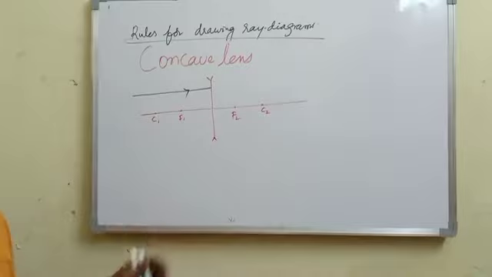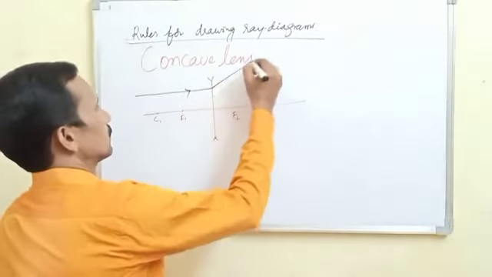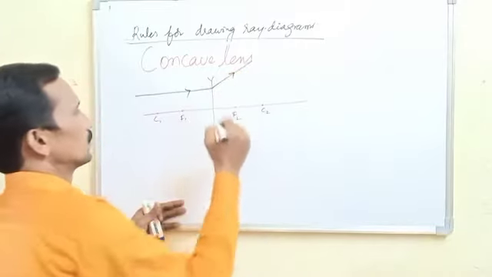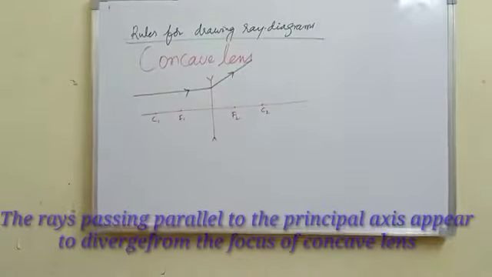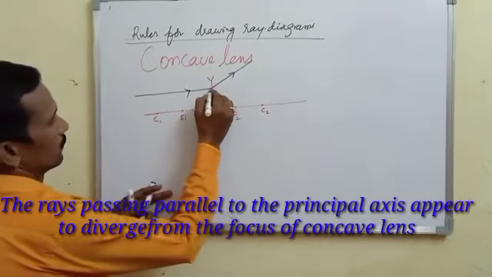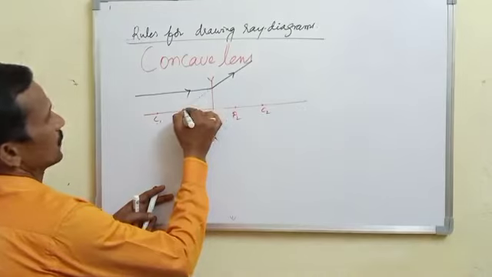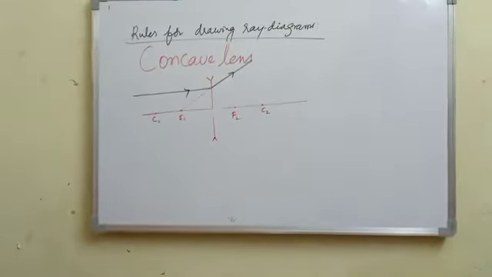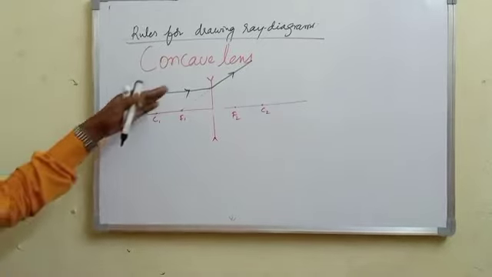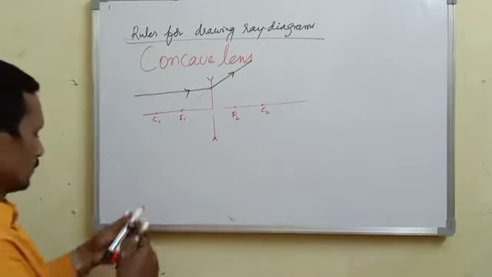We have seen just now, it diverges, like this. How is it diverging? If we extend it backward, it meets at the focus. So it appears to diverge as if going through the focus. It is the first case.